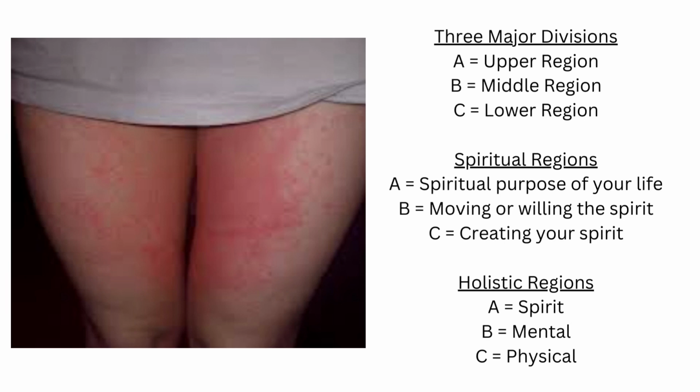Yes, I would say it's A, B, and C. Now, one thing I want to point out. So, first of all, I would treat her holistically. She needs to work on her emotions, her thoughts, her physical lifestyle choices. There's a lot going on here. But I would also like to point out that her left thigh is worse than her right thigh. Write this down.